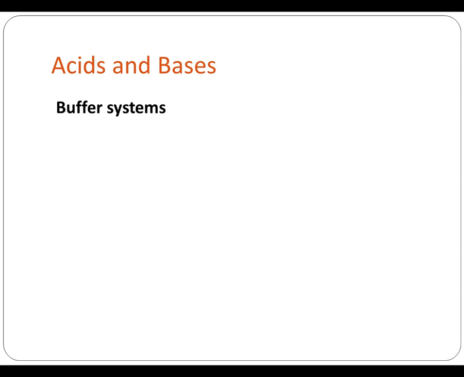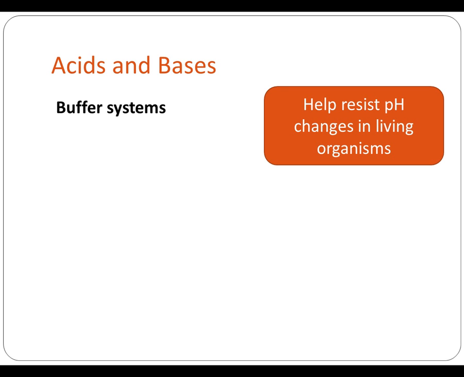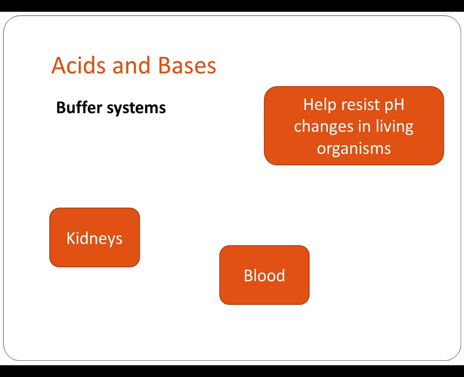And so the body, like living organisms, have what's called buffer systems, and they help avoid any fluctuation in pH. They help resist fluctuation in pH.